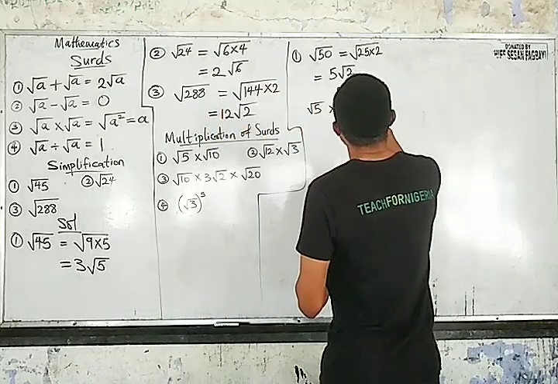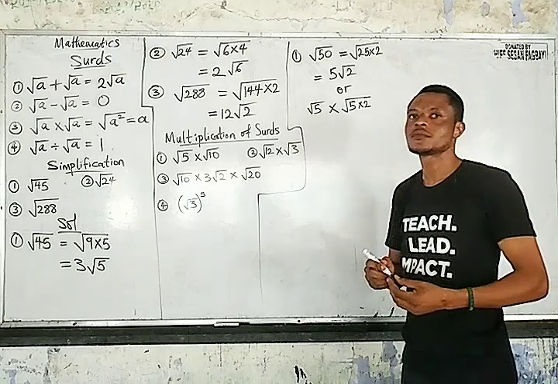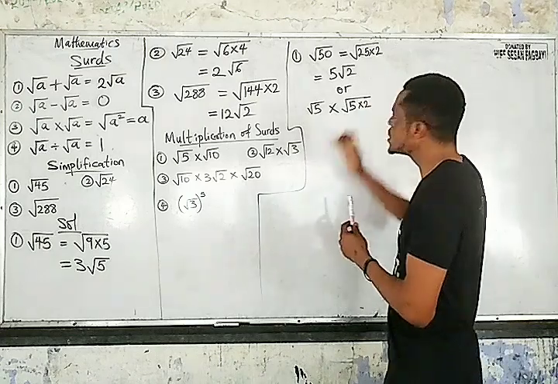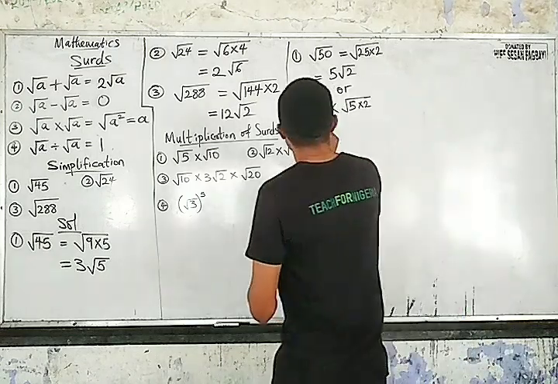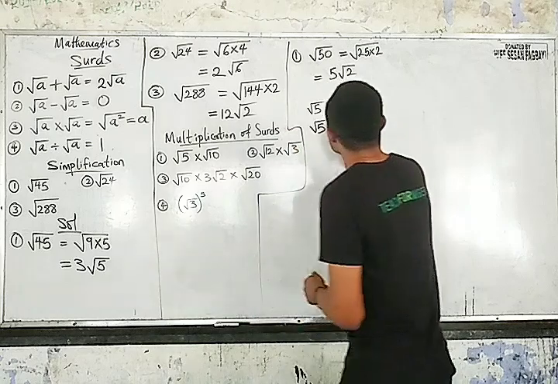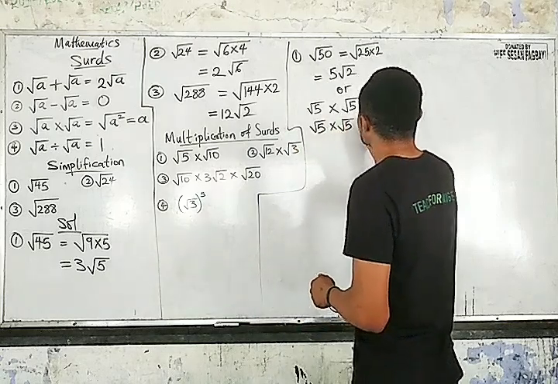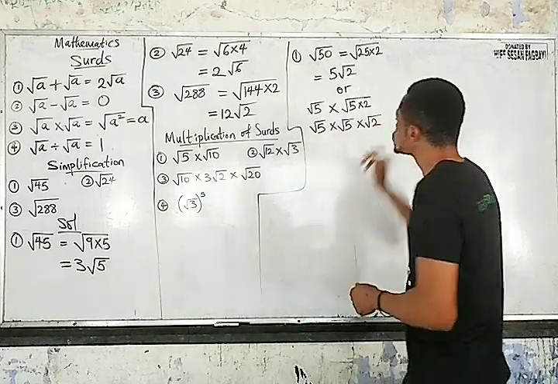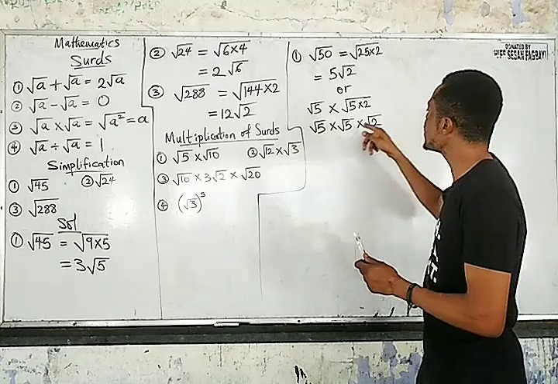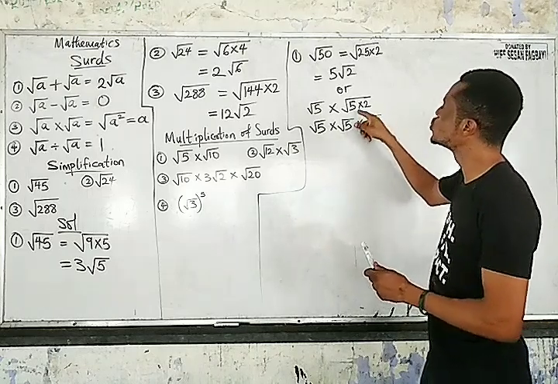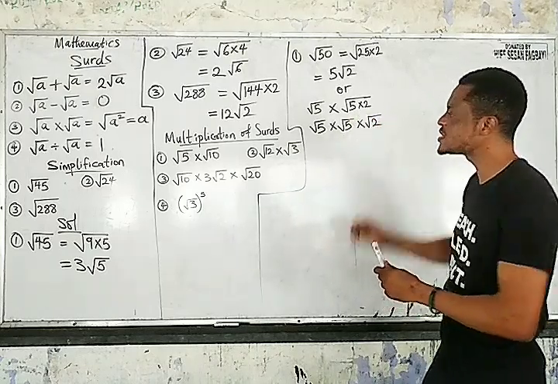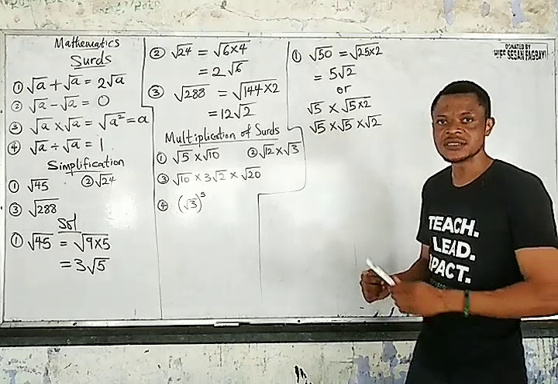We can proceed by breaking this down too, by having root 5 multiplied by root 5 multiplied by root 2, because root 5 multiplied by root 2 will be root 10. So we have the same value presented.